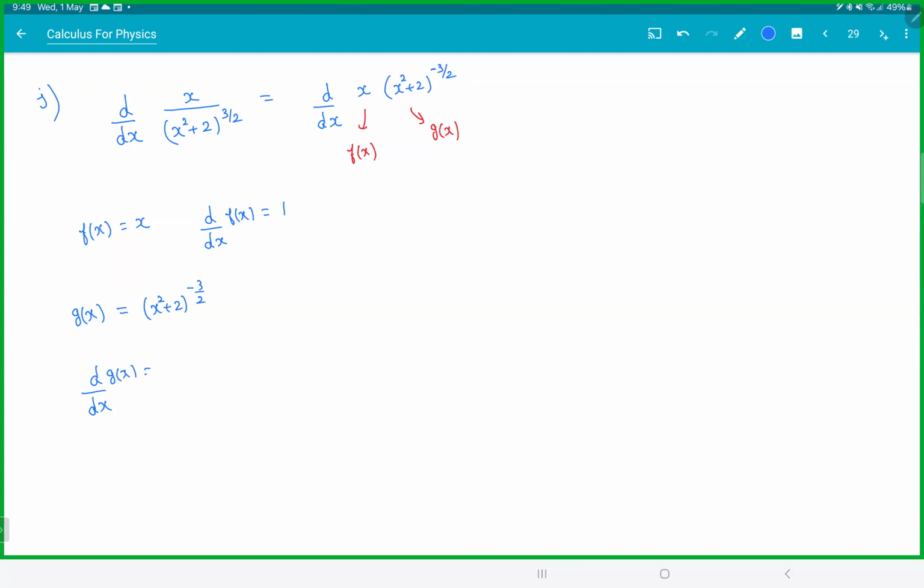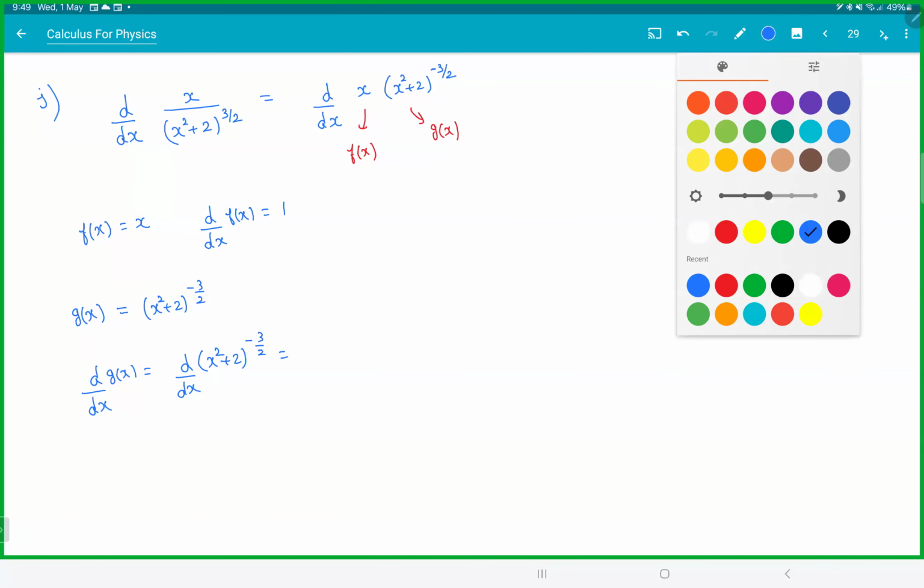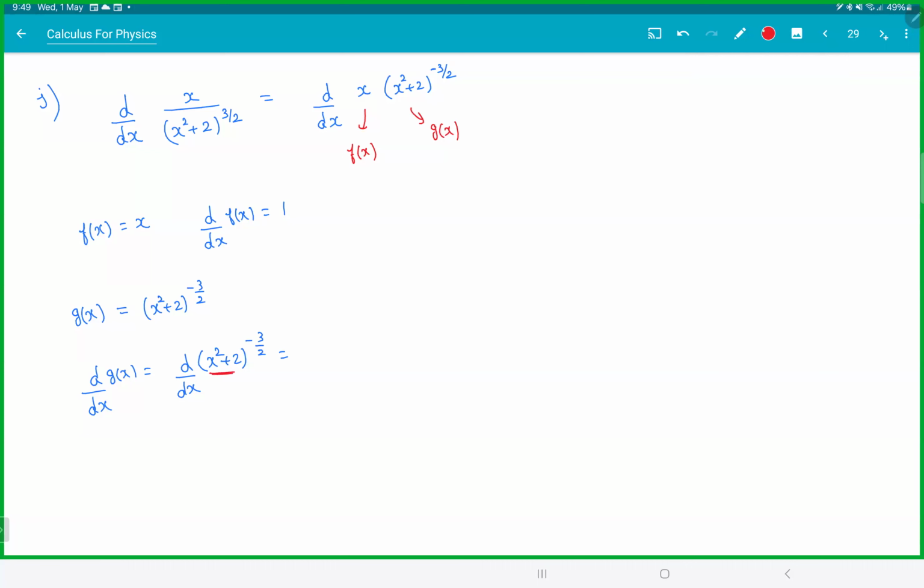So dg of x, which is (x square plus 2) to the power minus 3 by 2. This looks like some function to the power of minus 3 by 2. So minus 3 by 2, (x square plus 2) whole power minus 3 by 2 minus 1. And then differentiate whatever is inside.